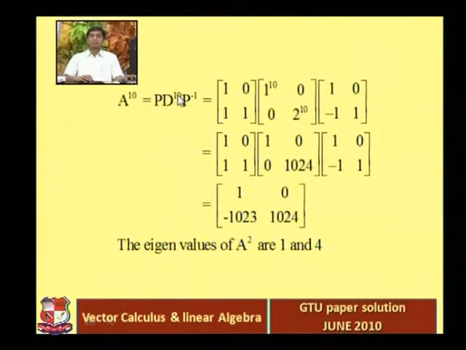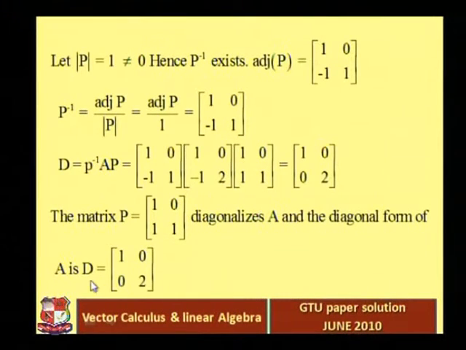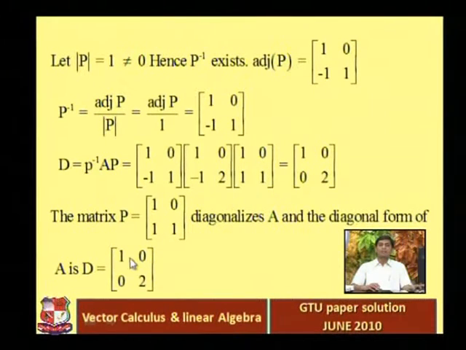D is a diagonal matrix. If you want to find the power of a diagonal matrix, it's quite easy, because D raised to K is just the main diagonal entries raised to K. So 1 raised to K, 2 raised to K.